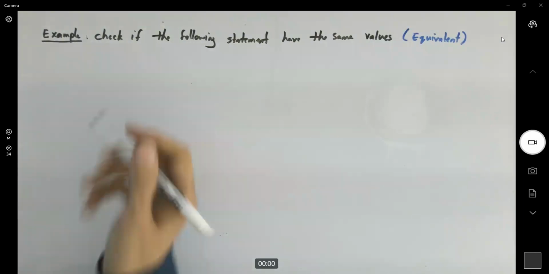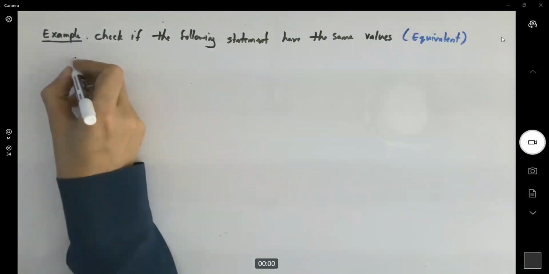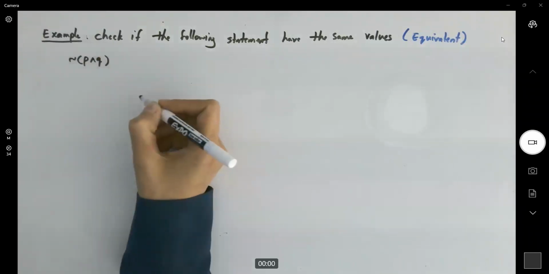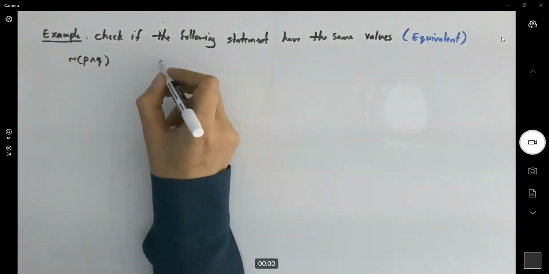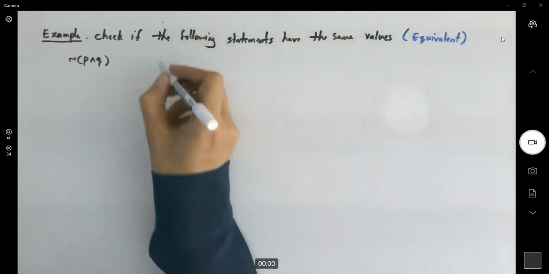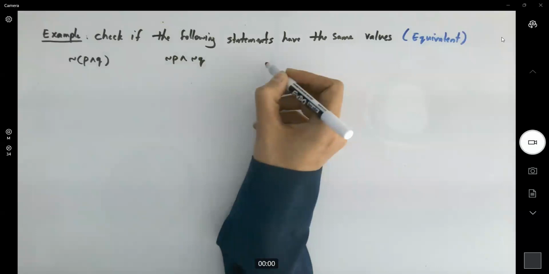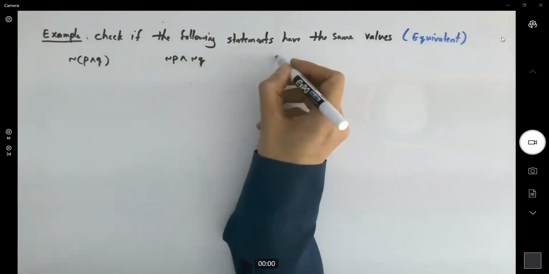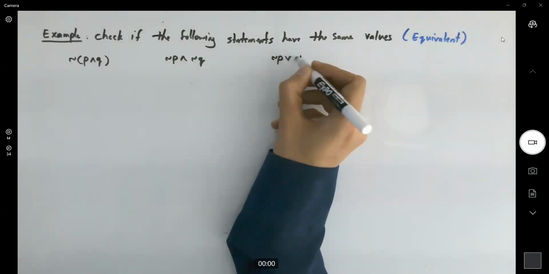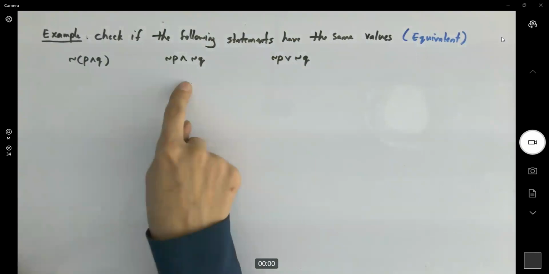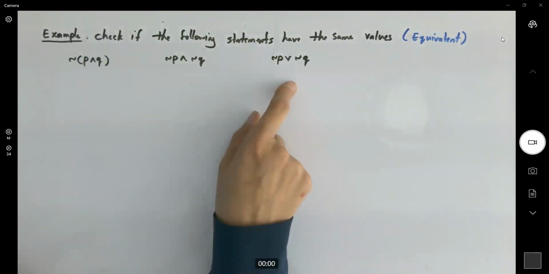The first statement is not (P and Q). The second statement is not P and not Q. And the third statement is not P or not Q. Okay, so here we have three statements, the first one, the second one, and the third one.